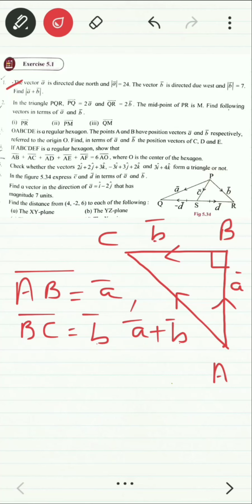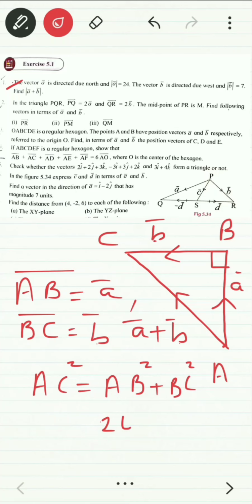Also the magnitudes are given. So here by Pythagoras theorem, we say that AC square is equal to AB square plus BC square. So the magnitudes are 24, that is 24 square we have, plus 7 square, which comes out as 576 plus 49, which comes out as 625.